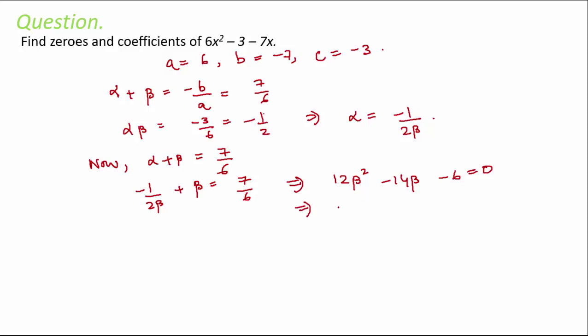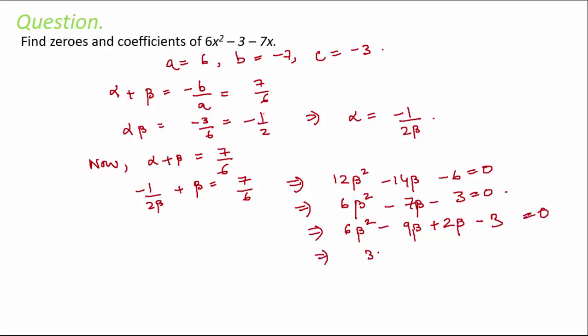So from this, if you divide the entire equation by 2, you get 6 beta square minus 7 beta minus 3 is equal to 0. Now if you do middle term splitting, you can write it as 6 beta square minus 9 beta plus 2 beta. So minus 9 plus 2 is minus 7 beta, and minus 9 into 2 would be minus 18 beta square, right? So this is equal to 0.